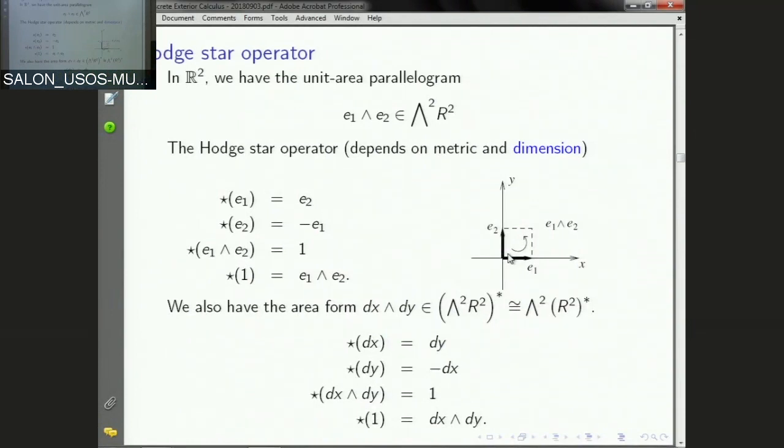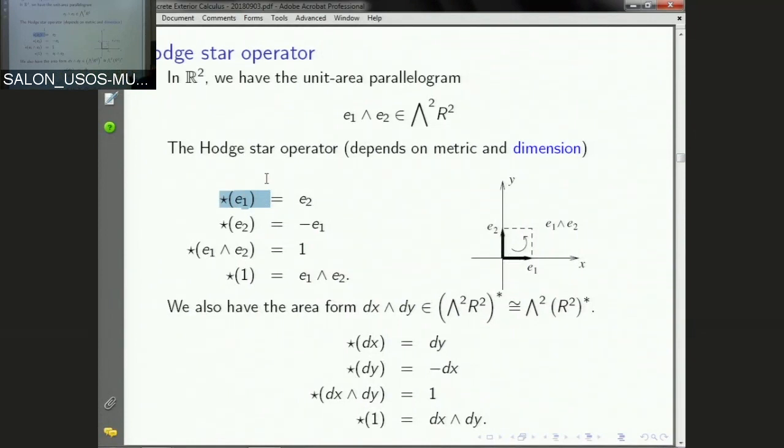Give me a vector and I will tell you another vector with which to make a square which is positively oriented. Okay? So, star of e1: which vector would make a square with e1 positively oriented?